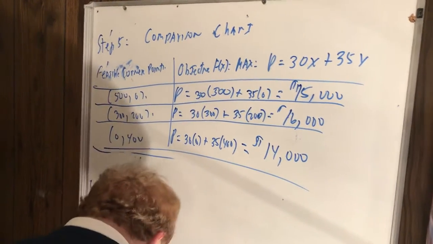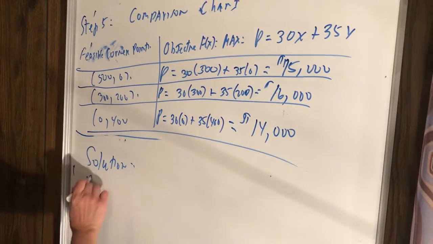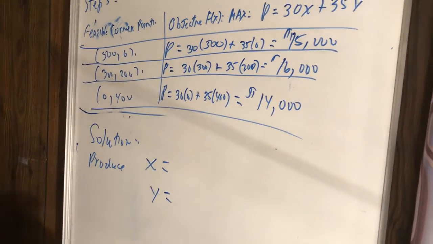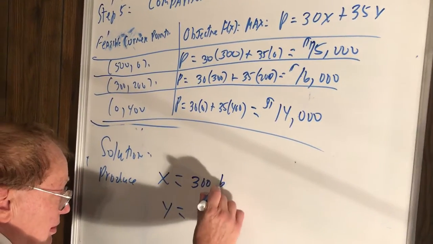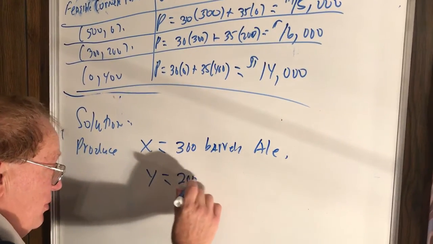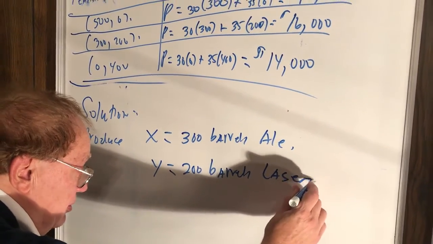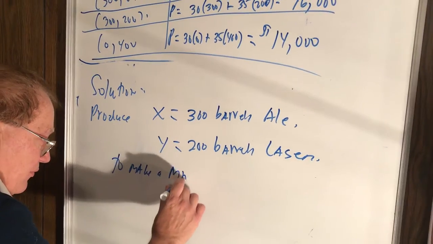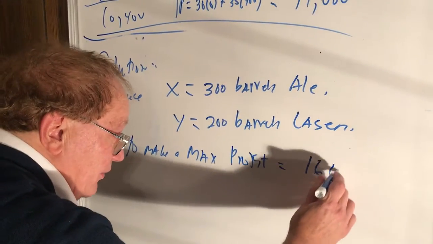So our solution is basically to produce x equals 300 barrels of ale, y equals 200 barrels of lager, to make a maximum profit equals $16,000.